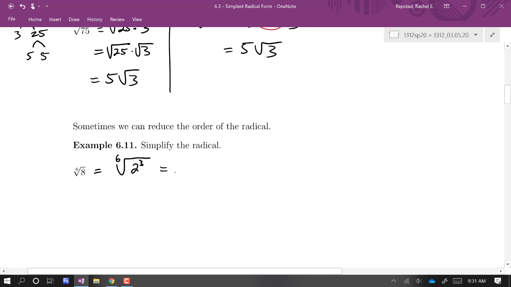Now I'm going to take advantage of exponential notation. How would I write that in exponential form and not radical form? Yeah, 2 to the 3 over 6. And now I'll just reduce that fraction. That's 2 to the 1/2. And this is the square root of 2. That is simpler than the 6th root of 8.